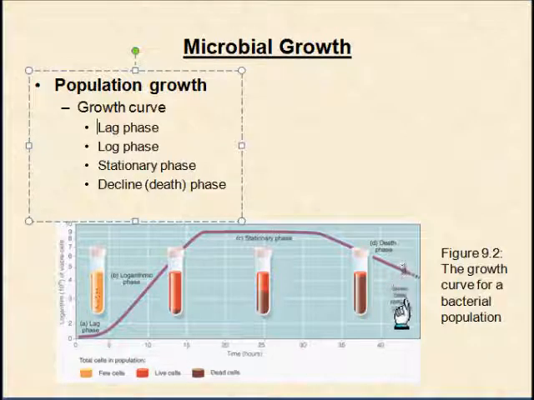Usually, there are some cells that remain viable. And if you look here, on this chart, we have the red signifying living cells, the brown signifying dead cells. And eventually we have this decline or death phase.